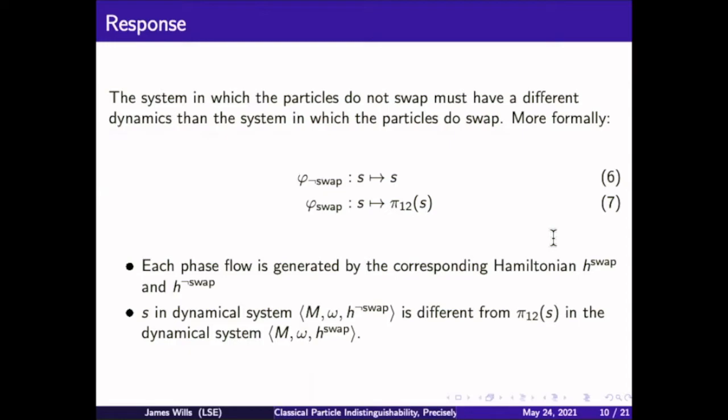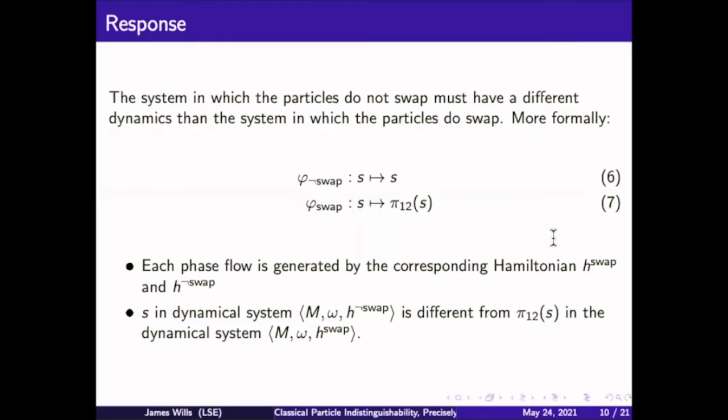What we want to know is whether S and pi_{1,2}S in the very same Hamiltonian system are equivalent or not. Here they're clearly not equivalent because they're members of completely different Hamiltonian systems. So that concludes my response to this position.